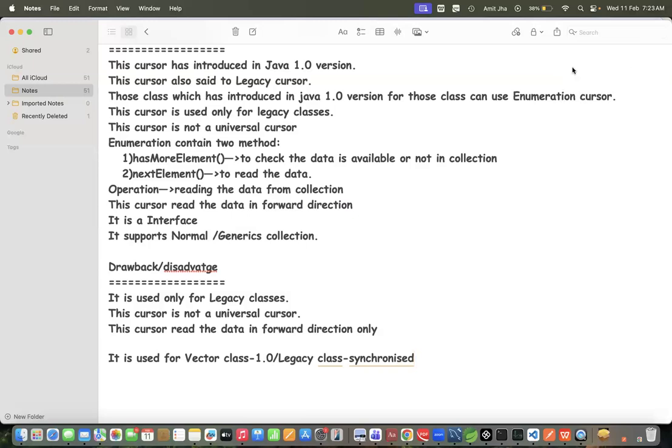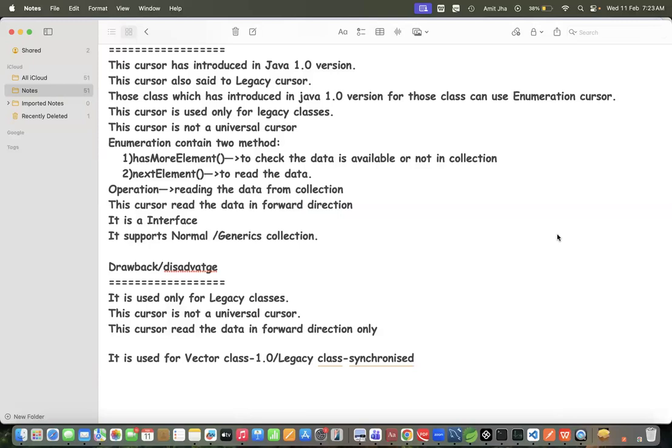So only one difference: Vector is synchronized and ArrayList is non-synchronized. Why? As per the version in which they were introduced. Vector was introduced in version 1.0, that's why it is synchronized. The classes introduced after 1.0 are by default non-synchronized.